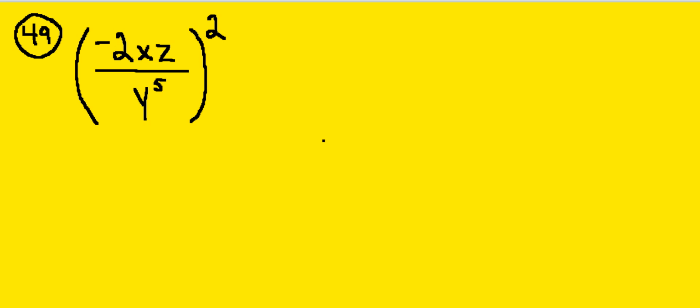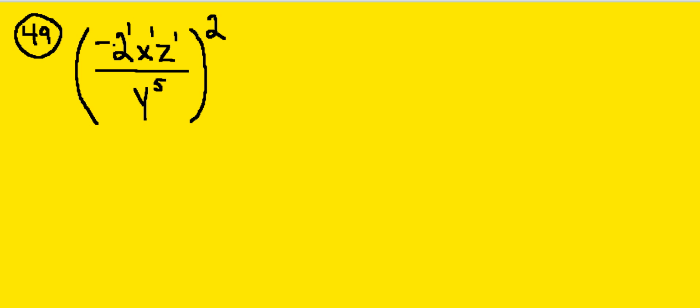All right, here's the power rule. Again, using quotients. And the theory stays the same. And that is give everything an exponent here if it doesn't have one already. Like this negative 2 is to the first power, x is to the first power, and z is to the first power. That way I can distribute this 2 to all these exponents and multiply them together.